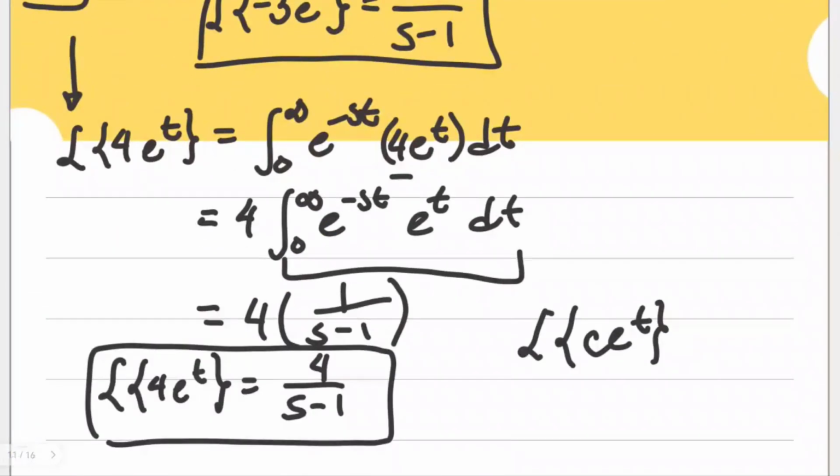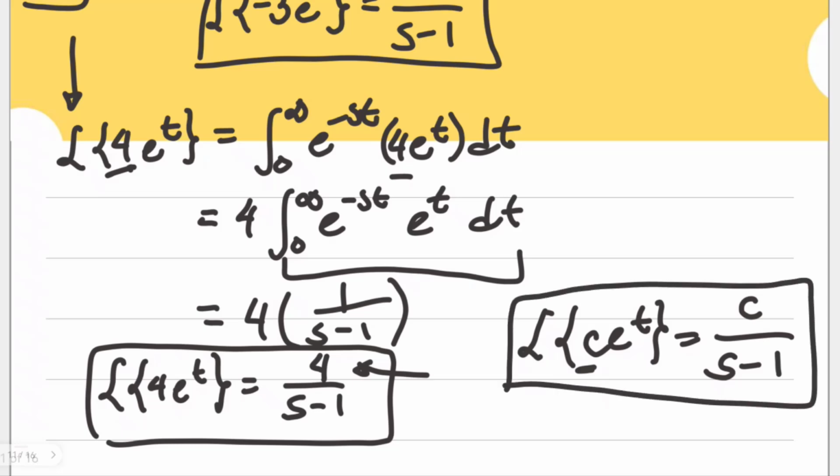Similarly, for 4, that also appears in our numerator. So the general form is that whatever c is will be your numerator, and your denominator is just s minus 1. This is the general form for the Laplace transform of any function c times e to the power of t. This is what we did in this video.